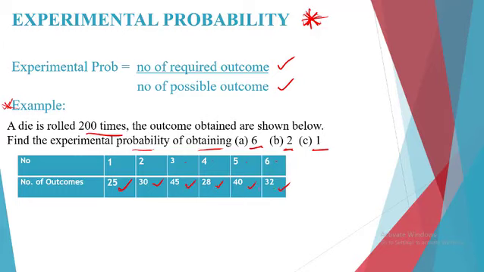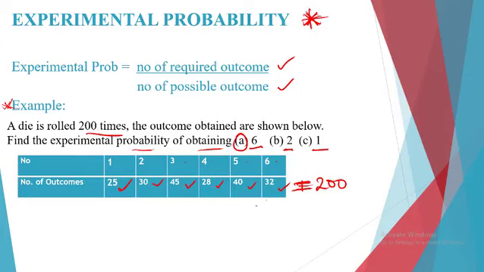32 times. So to obtain 6, we have to add the number of outcomes together, and when you add them up, you have 25 plus 30 plus 45 plus 28 plus 40 plus 32. That will give us the total number of 200, since the die was thrown 200 times.